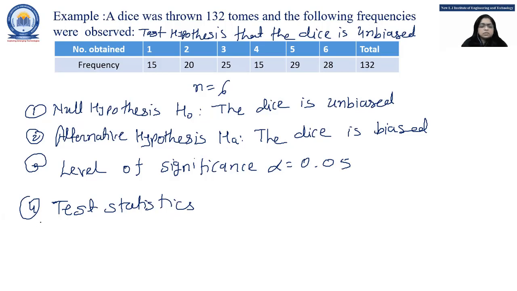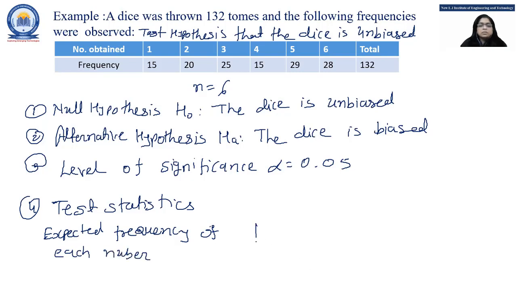And for the test statistic, the expected frequency of each number, that is FE equal to, here total frequency is, students, given, and that is 132, divided by n.